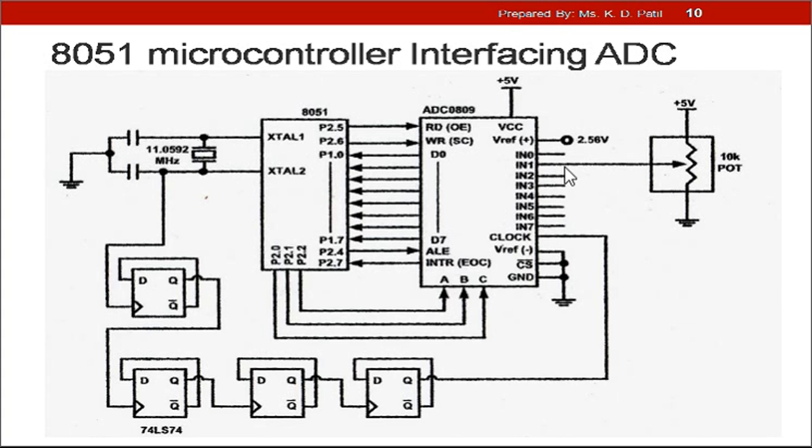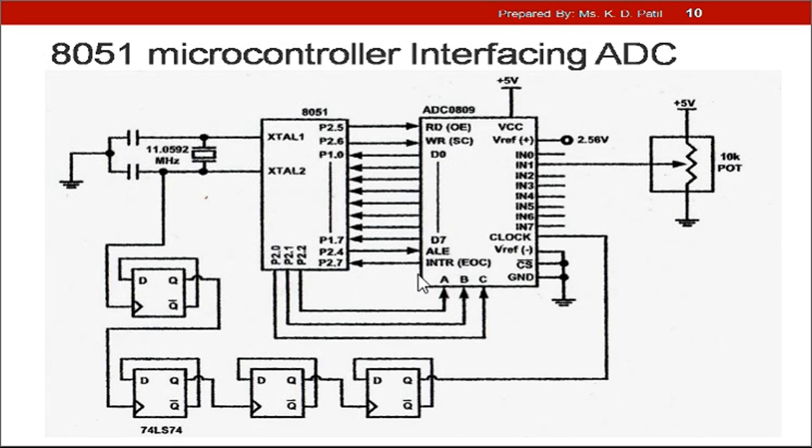Now if we want IN1 to be selected for recording the analog signal which we want to convert into digital numbers, then the ABC values will be sent as 100 by the 8051 microcontroller to the ADC, and accordingly the ADC will understand that this IN1 channel, that is analog input channel 1, should be selected.